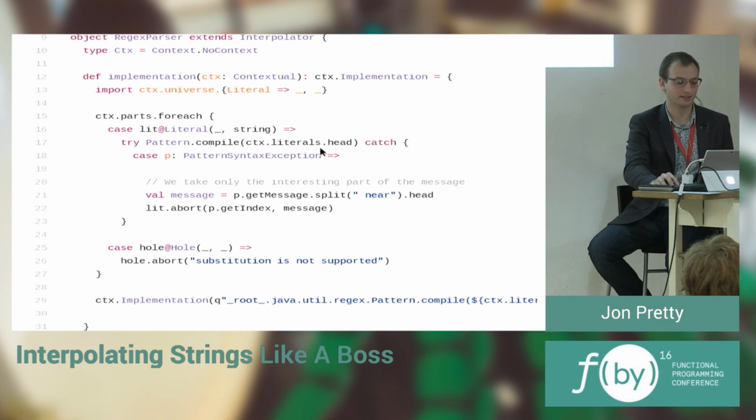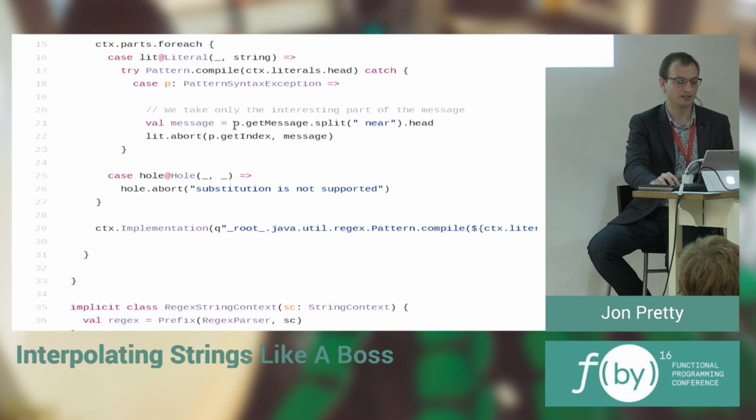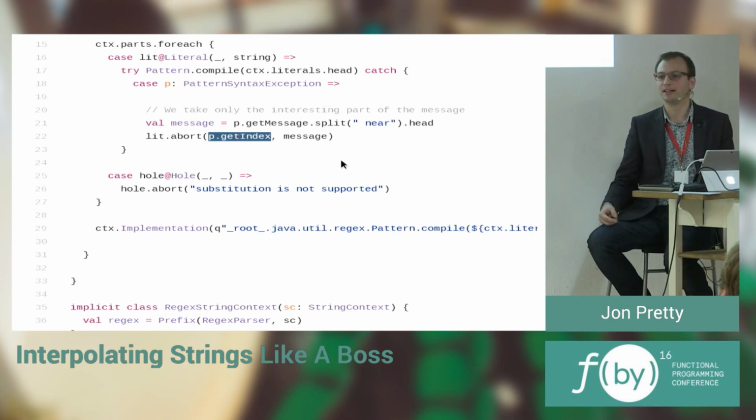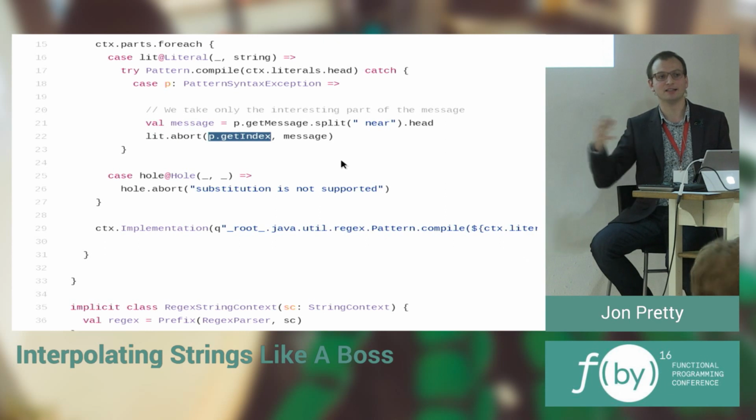If it fails with an exception, we take the exception, and we look at the message inside that. We use p.getMessage to get that. We remove some of the details we don't care about and just take the main problem, and we abort. So this is returning the error message back to the user. And I provide an index here. This is the index into the string.